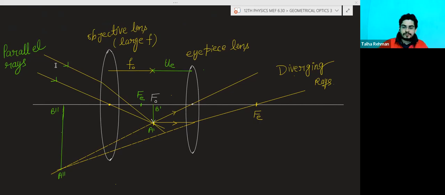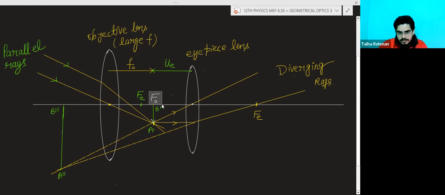Now the object is a distant object, at a very large distance, at an infinite distance. So rays from that object will be parallel rays, and these parallel rays are coming like this and passing through the large objective lens. So this objective lens will form the image here of the distant object. The image will form here, and this image will be at the focal plane of the objective lens.